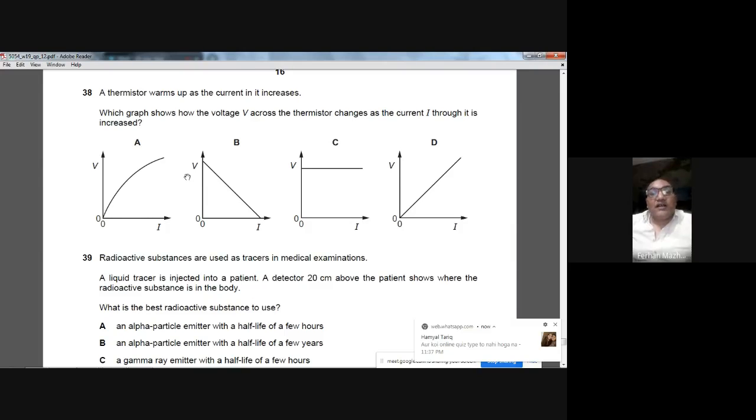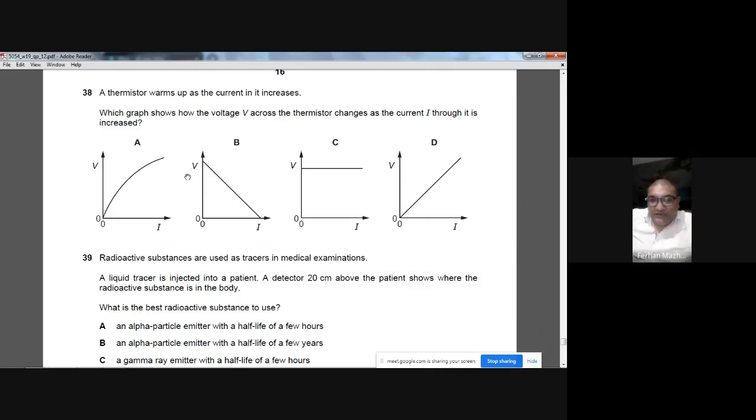Which diagram shows how the voltage V across the thermistor changes with the current I? Because the thermistor is warming up, it means heat dissipation. I'm doing this question again. I have to make it more clear.